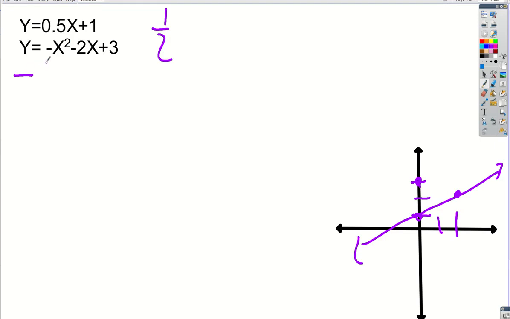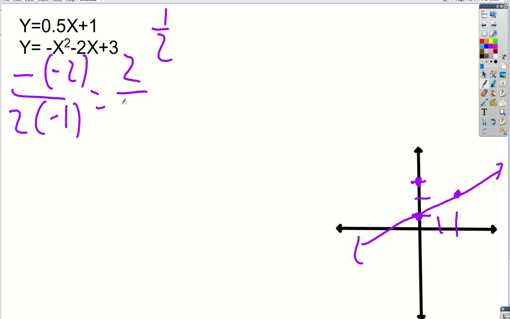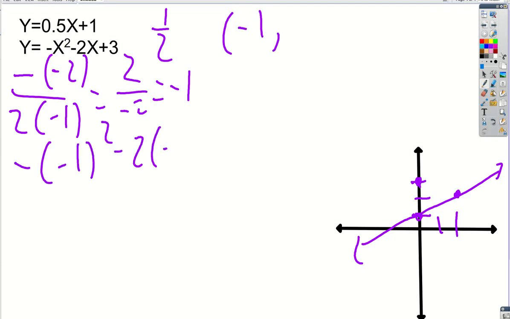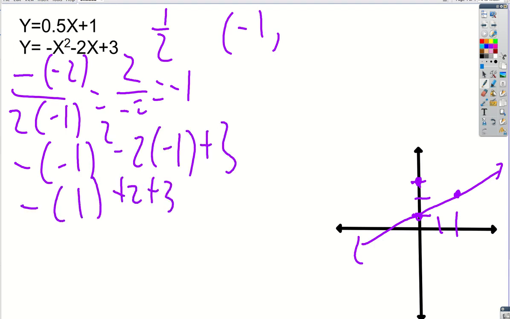So it's going to be negative b over 2a, which means it's at -2 over 2, or -1. So I know that's my x part of my vertex. To find my y, I plug it back in. And I get 4. So my vertex is at -1, 4.